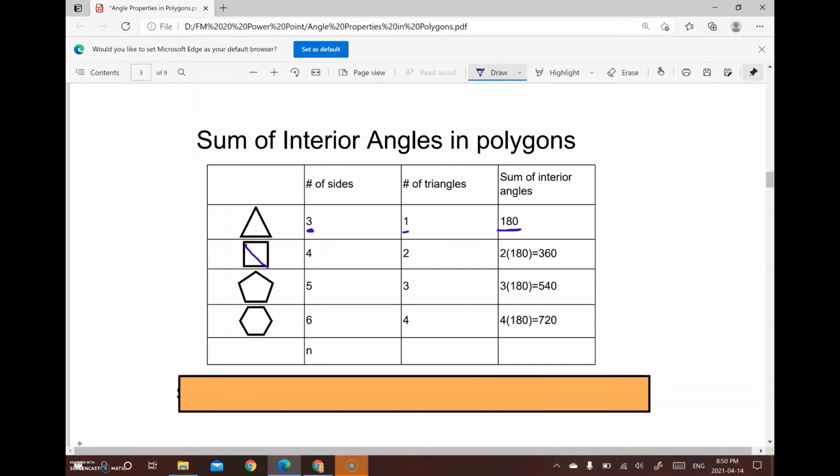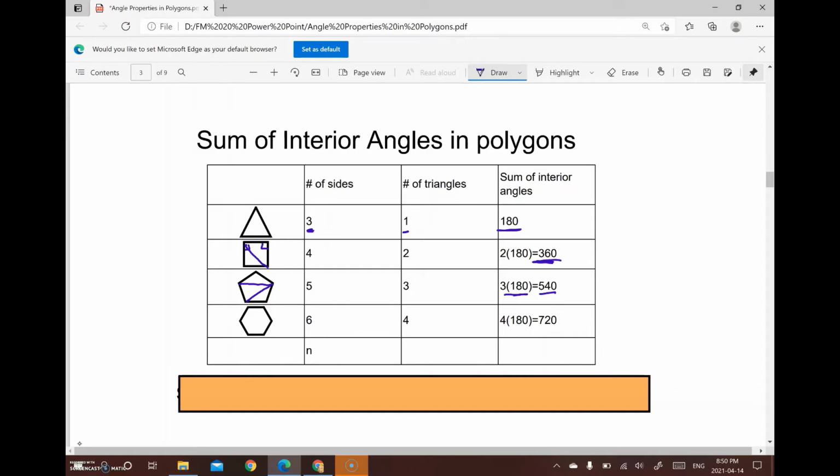And in a square, each corner is 90 degrees. There are 4 corners. A square has 360 degrees. In a pentagon, a 5-sided shape, we can break it up into 3 triangles. 3 times 180 is 540. All 5 of those angles added together is 540.